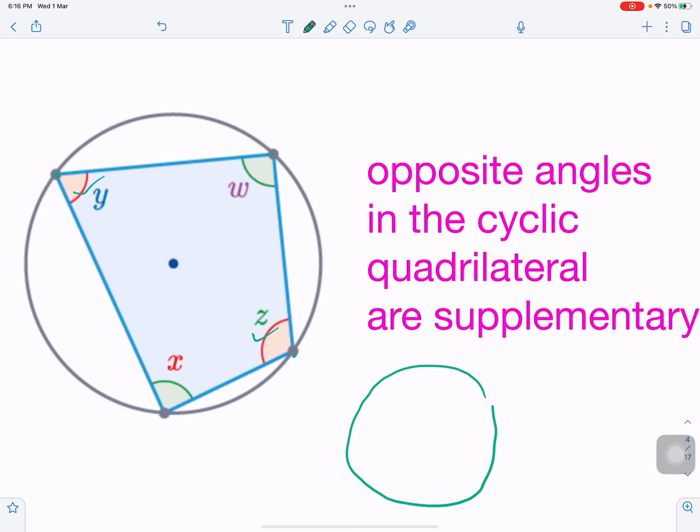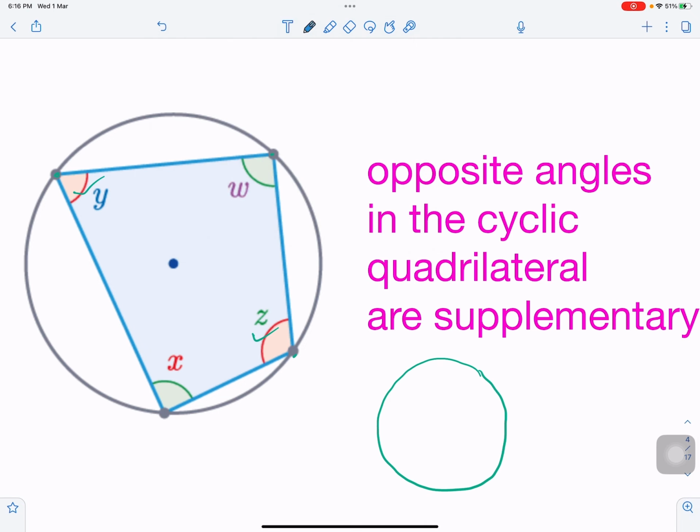So if I draw a circle here, it's not very perfect, just imagine it is a circle. If I draw any quadrilateral inside, such that all the points are on the circumference, then it is a cyclic quadrilateral and all the opposite angles will be equal to 180.